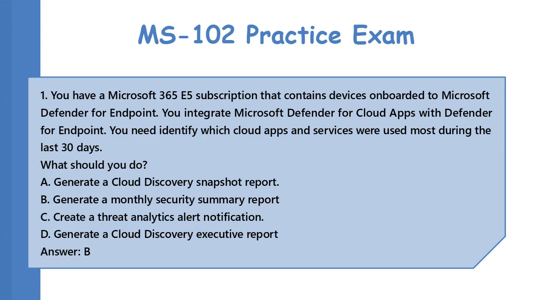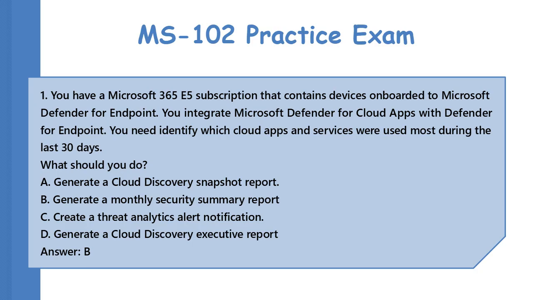One. You have a Microsoft 365 E5 subscription that contains devices onboarded to Microsoft Defender for Endpoint. You integrate Microsoft Defender for Cloud Apps with Defender for Endpoint. You need to identify which cloud apps and services were used most during the last 30 days. What should you do?